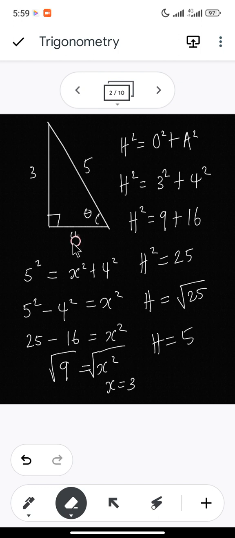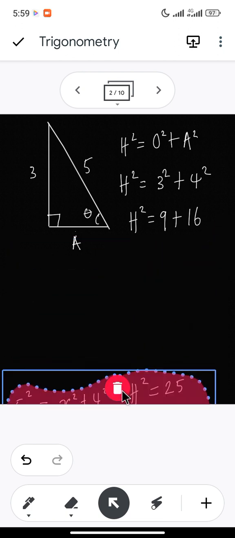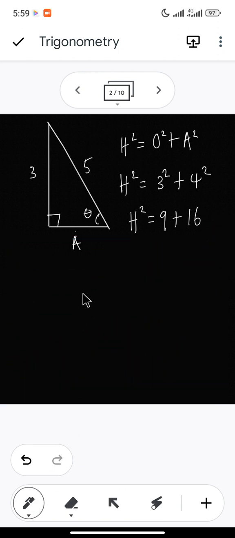Now let's assume the adjacent was not given and we want to prove whether this principle is correct. Let's say it's not given, let's call it a. So the hypotenuse squared is equal to the opposite squared plus the adjacent squared.